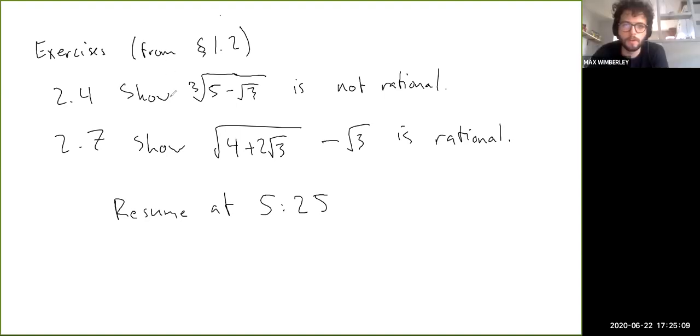All right, so I think we can go ahead and just talk about these now. And I'll say, in the future, it won't always be problems from the textbook. Sometimes I might just think of good exercises to do on my own.